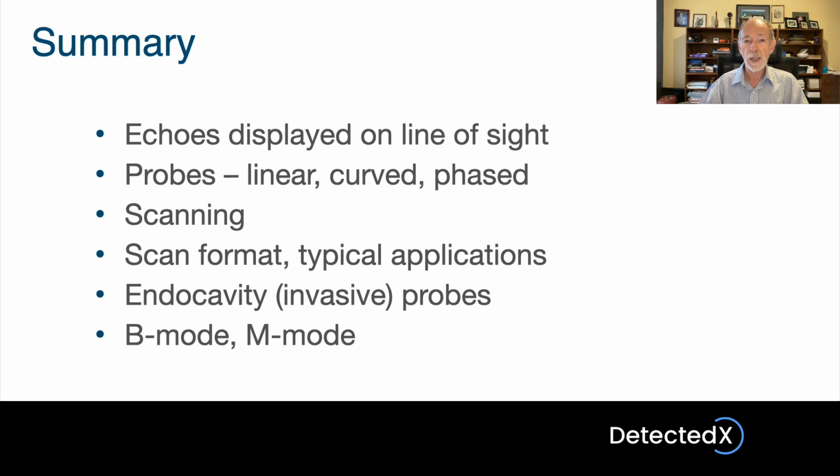And I briefly discussed typical applications. I then showed you an example of an invasive or endocavity probe and talked about the particular advantages that has. And then finally, I just talked about the term B-mode, which is standard grayscale imaging, and then explained what M-mode is.